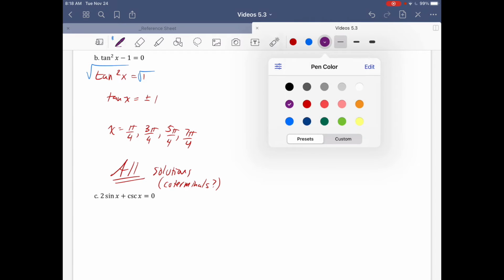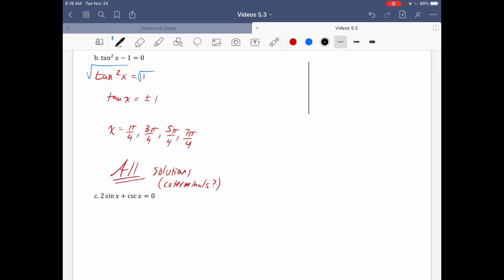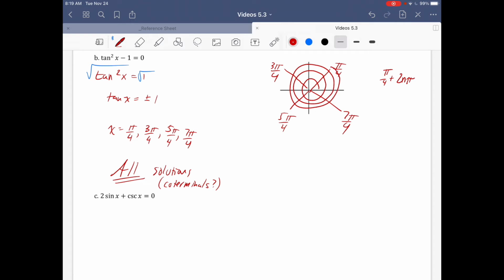All right, so we're going to set up our coordinate plane. We're going to sketch our 4 angles. We've got pi over 4, 3 pi over 4, 5 pi over 4, and 7 pi over 4. And you could make it simple. You could say that all of the solutions are pi over 4 plus 2n pi, where you're adding 1 revolution, or 2 revolutions, or 3 revolutions.